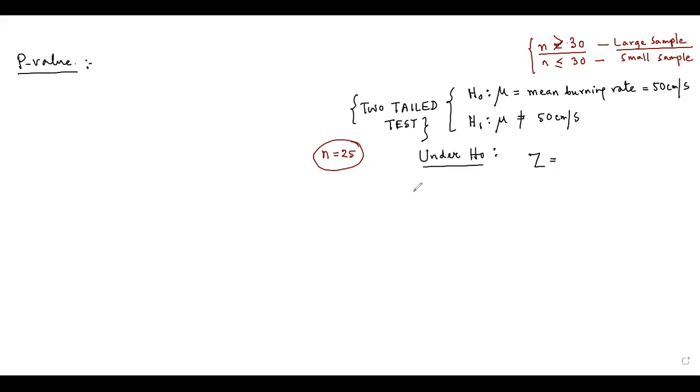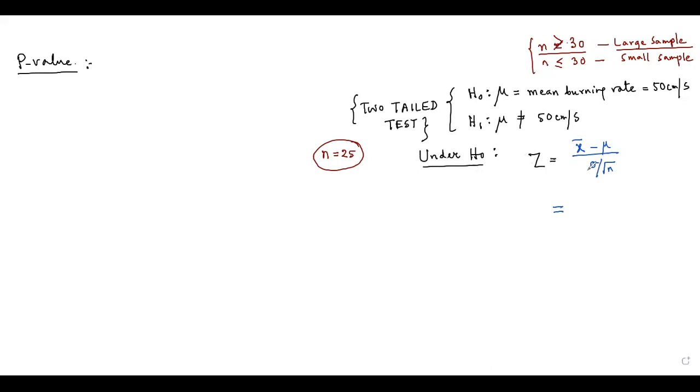So let us take into consideration that I'm going to approximate this small sample on the basis of large sample theory, and I am permitted to use the formula of Z, which is given by X bar minus mu by sigma by root n.